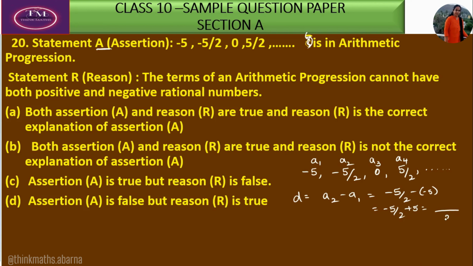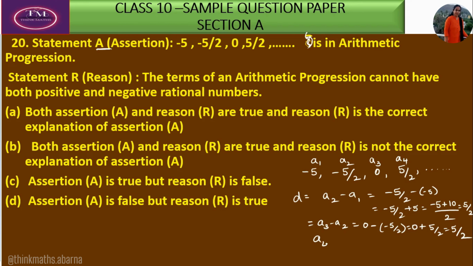Taking 2 as LCM, we have minus 5 plus 10, which is 5 by 2. In the same way, A3 minus A2: A3 is 0, minus A2 which is minus 5 by 2. So 0 plus 5 by 2, which is 5 by 2.